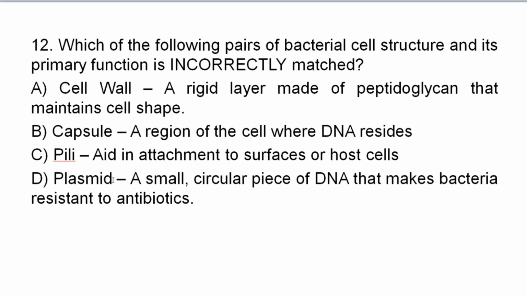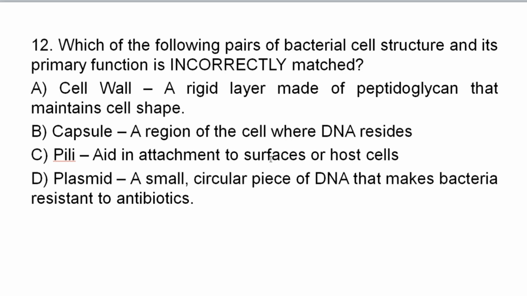Good. Question number 12. Which of the following pairs of bacterial cell structure and its primary function is incorrectly matched? A. Cell wall, a rigid layer made of peptidoglycan that maintains cell shape. B. Capsule, a region of the cell where DNA resides. C. Pili, aid in attachment to surfaces or host cells.